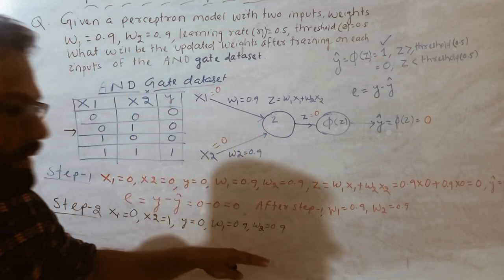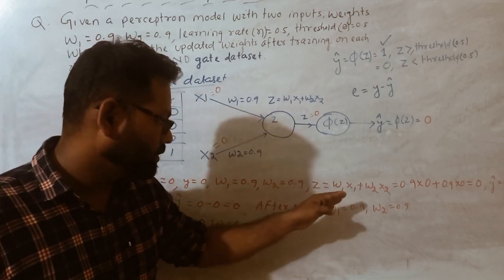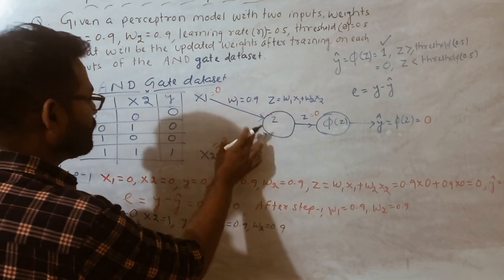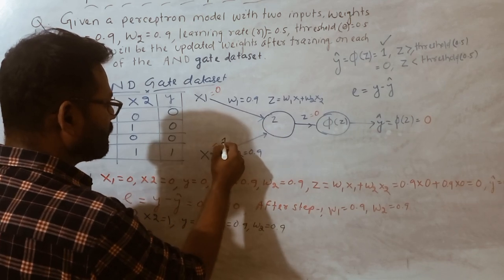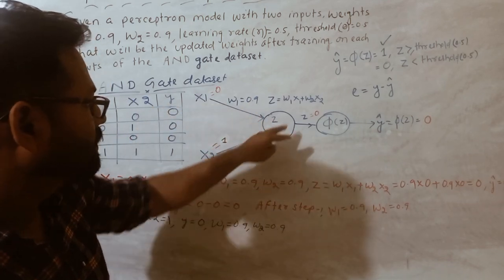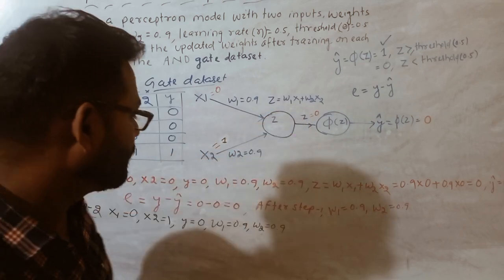Now I have to predict the Z value. My inputs are x1 0 and x2 1. The weights W1 and W2 are the same. Do the calculation to find the Z value.